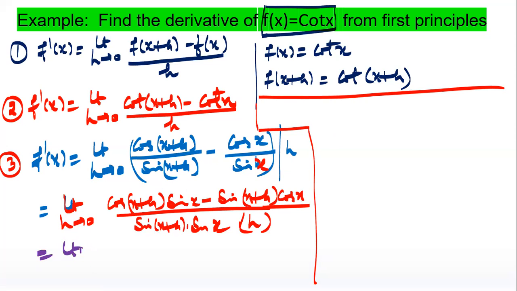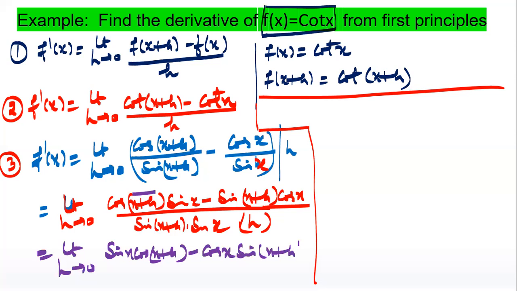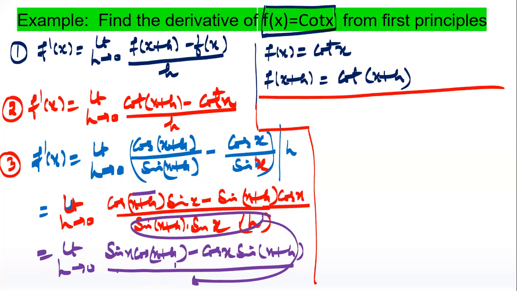We know that sin a cos b minus cos a sin b. We can change the order, no problem. We can write it as sin x cos(x+h) minus cos x sin(x+h), and the denominator will remain as it is. Now, limit h tends to 0. This is the formula of sin a cos b minus cos a sin b.